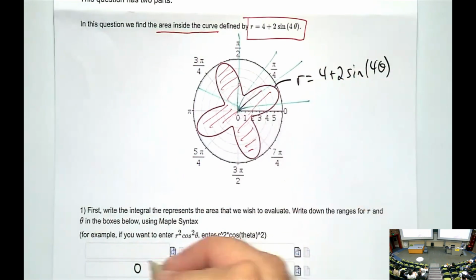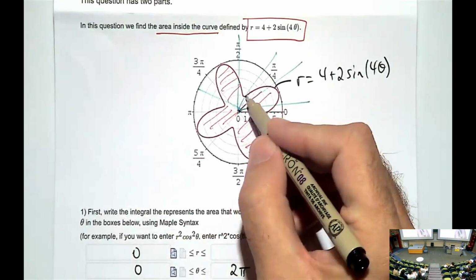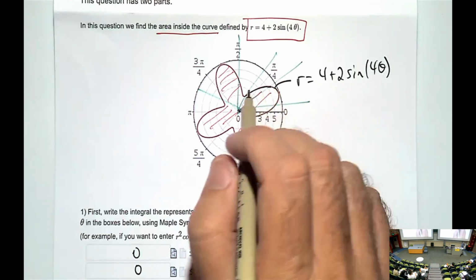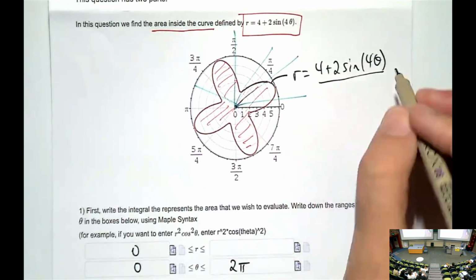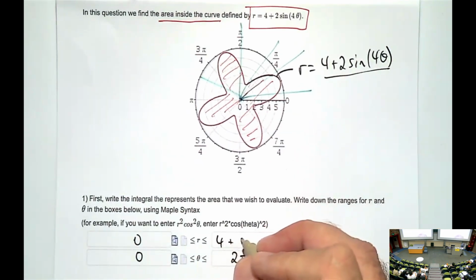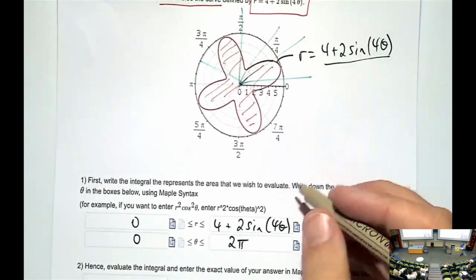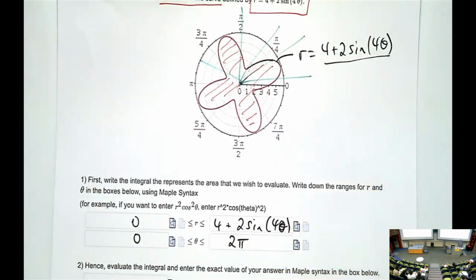So we start at 0, and then we leave whenever we touch the curve. Yeah? So what would our thing be up here? 4 plus 2. Bam. Okay? It's a crazy curve, but it's what we want.